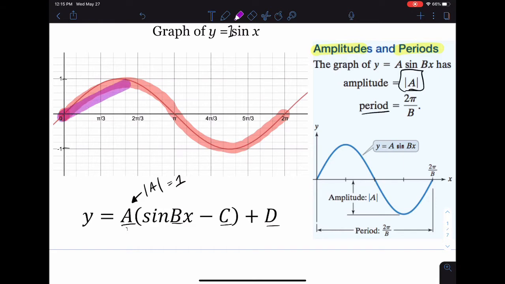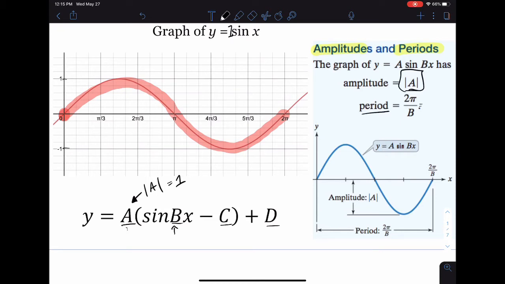What causes that? We'll talk about that later. But how to find the period, how long it takes to go through one full cycle, is 2 pi divided by b. So b is here.